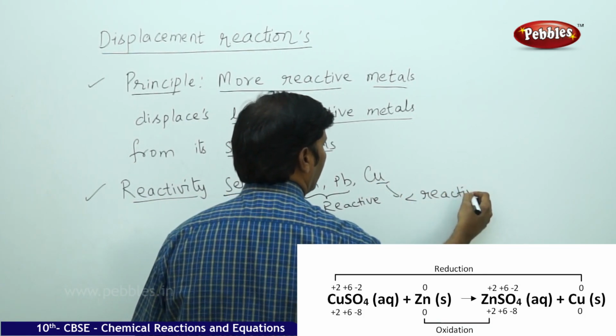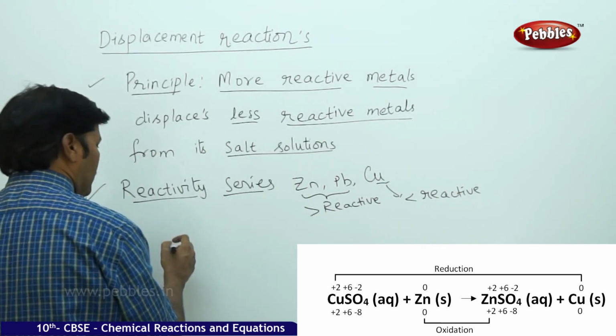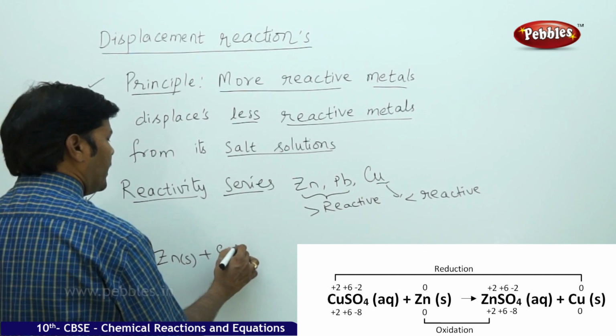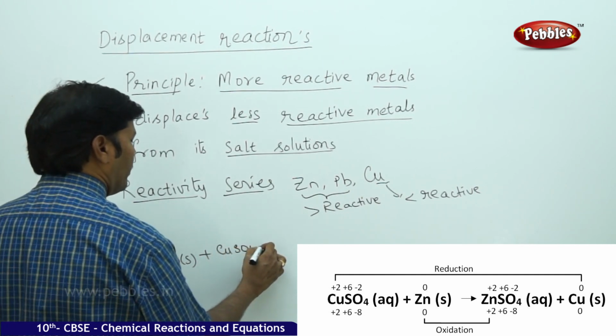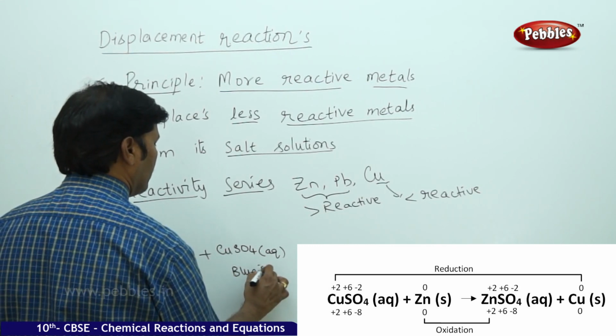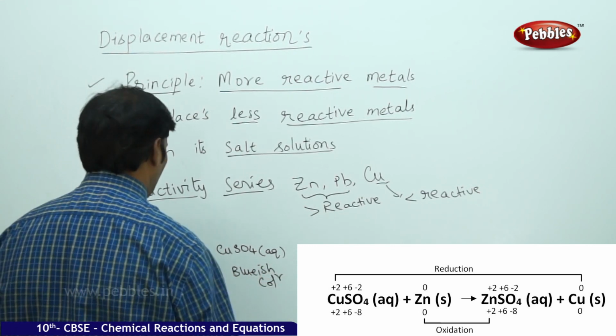So you can take one equation, zinc solid plus copper sulphate aqueous, which is a bluish color solution.